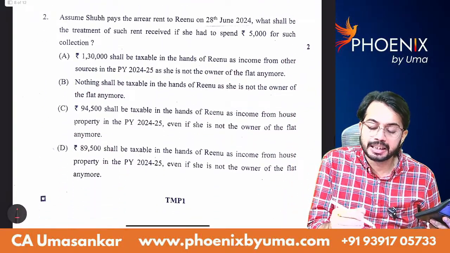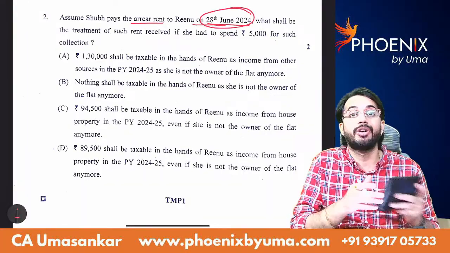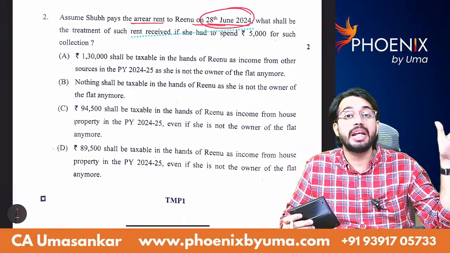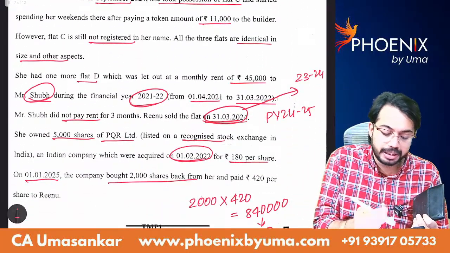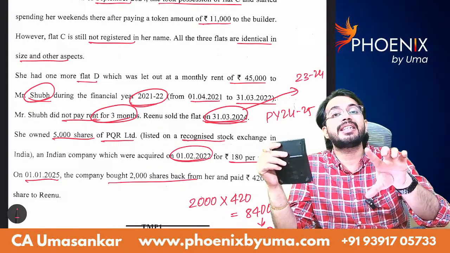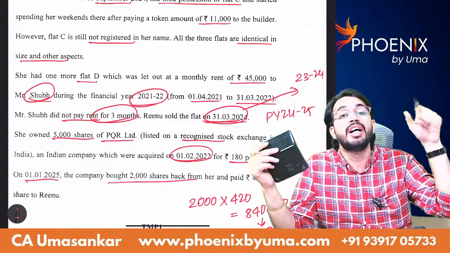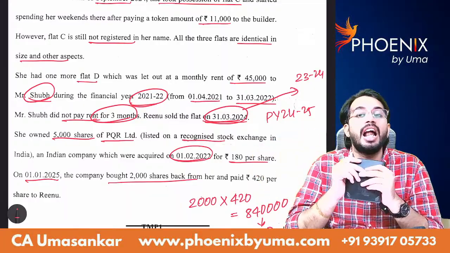Assume Shub pays arrears of rent to Renu on 28th June 2024. See, from 1st April 21 to 31st March 2022, the flat was given on rent to Mr. Shub. 3 months rent was not paid. So 3 months rent is unrealized rent in 21-22. In 24-25, Shub paid the unrealized rent.